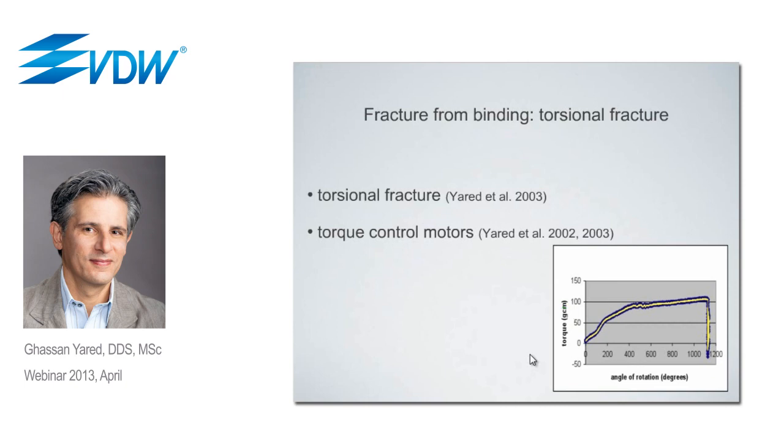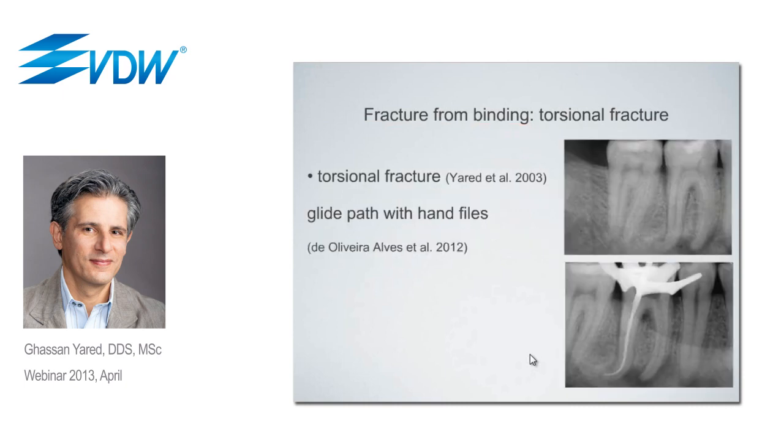The other way to minimize the chances of torsional fracture is by minimizing the chances of binding of the instrument in the canal. And this is where a glide path is important.